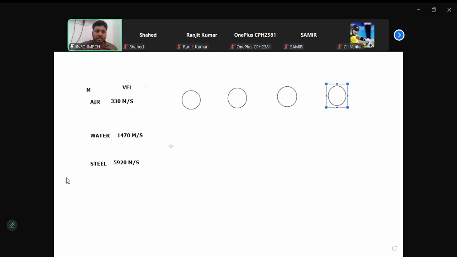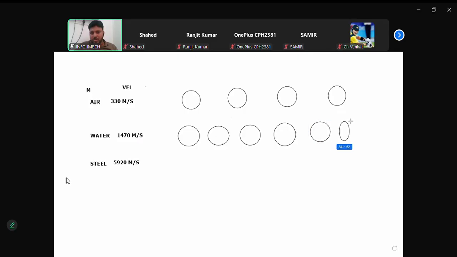If you take water, there will be the density: mass per unit volume, simple. Less area, more mass. Density is nothing but mass per unit volume. So water. Next, if you take steel, more matter in less area.